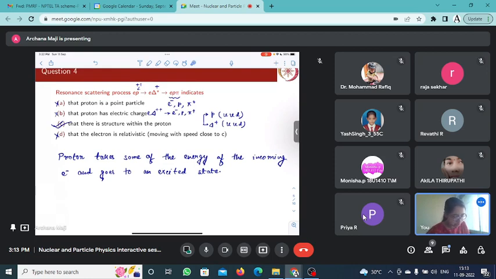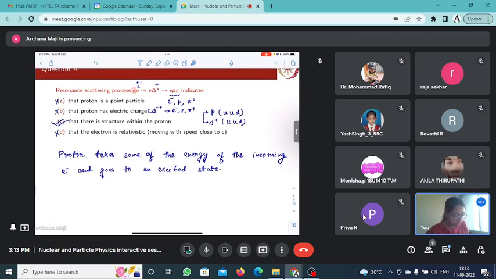Basically, the quarks within that proton can also take some of the angular momentum of the incoming electron and give rise to a different quark content. Delta double plus has quark content UUU, so it is different from the quark content of the proton, but it can also be delta double plus and not just delta plus. That's why the question just says delta star. The charge of the pion is also not mentioned, so it will be according to the excited state delta star.